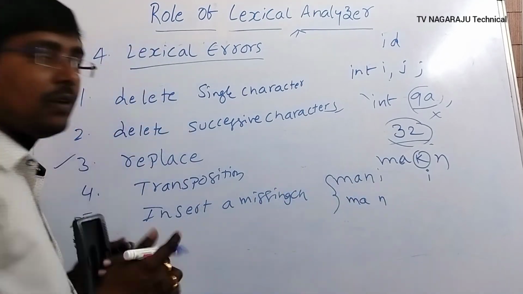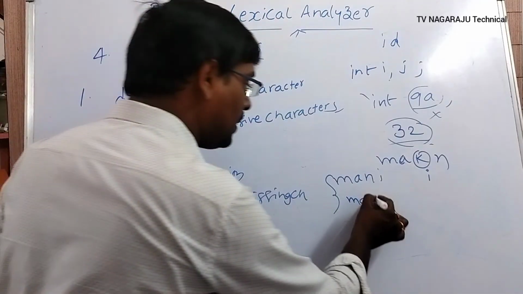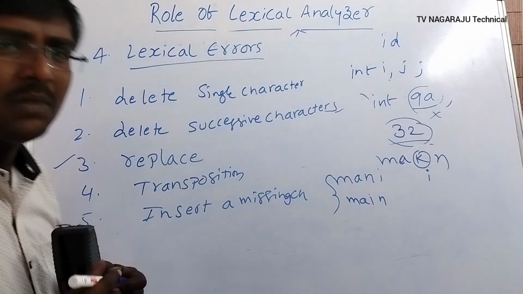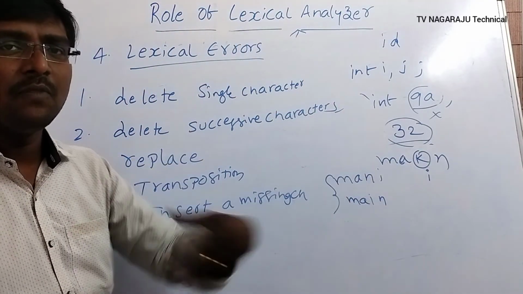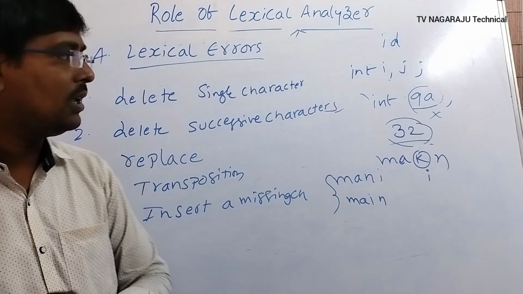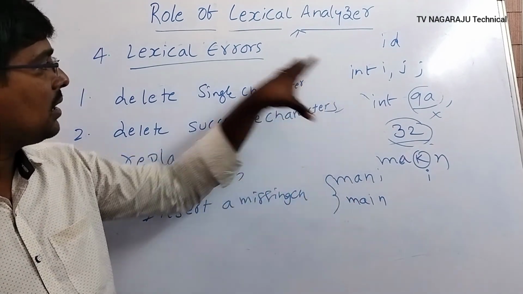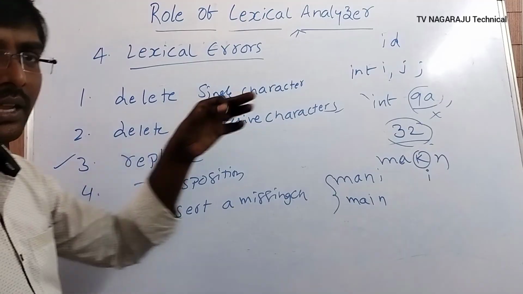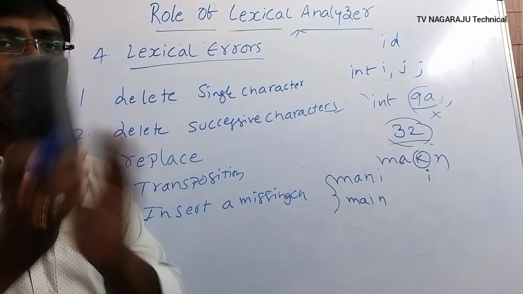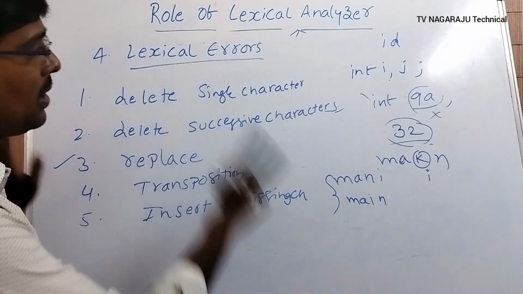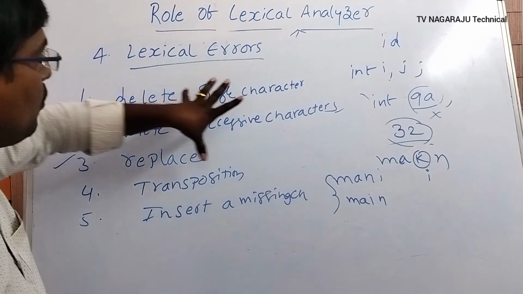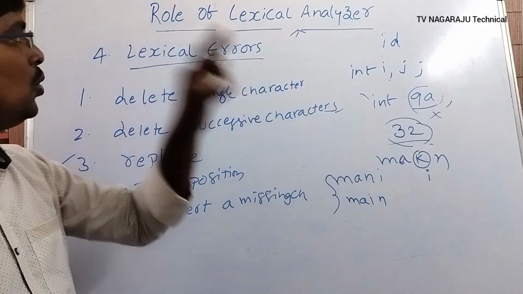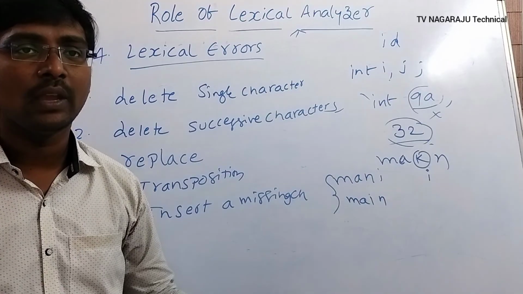Suppose I forgot to type I, simply insert it. You got it? Very simple. If we make common mistakes during typing, they are rectified by deleting a single character, inserting, replacing, exchanging, or deleting multiple characters. Whatever it is, after performing this operation, you have to produce a valid token.